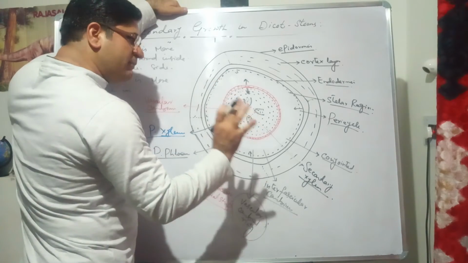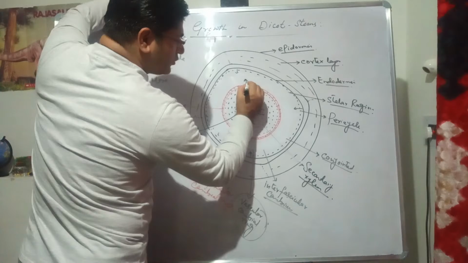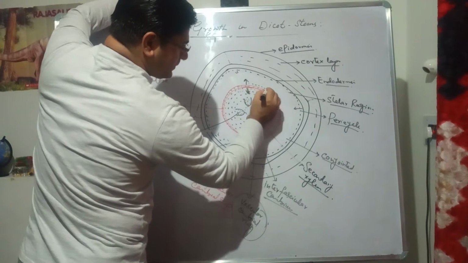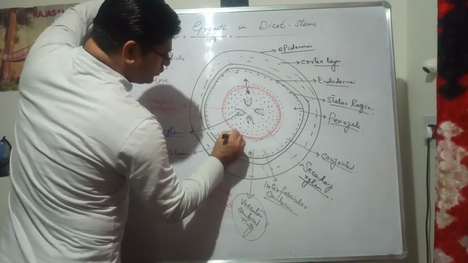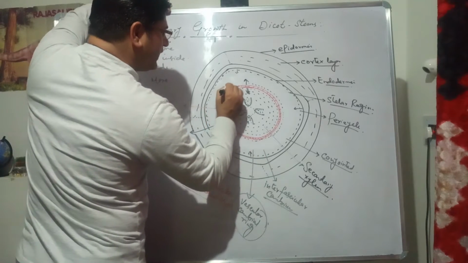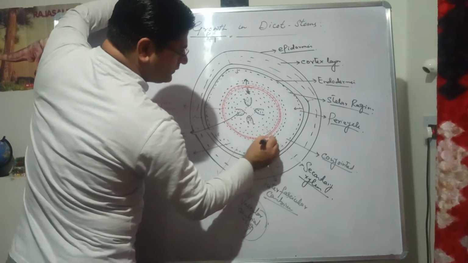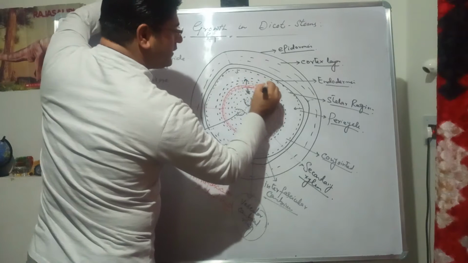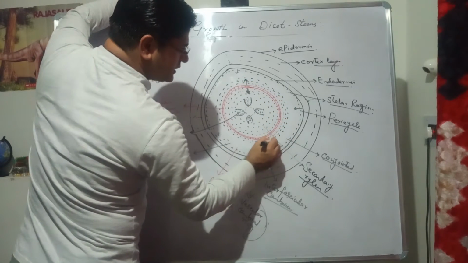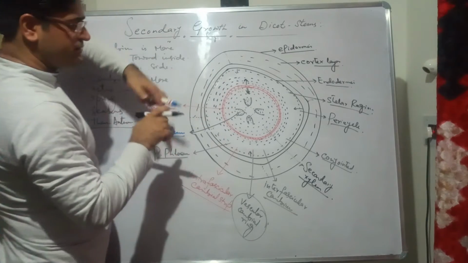Okay, remember that. Now the cells which will be divided towards the outer side, those cells will also form ring-like structures, accumulated in the ring manner, depending upon the seasonal changes, like this.